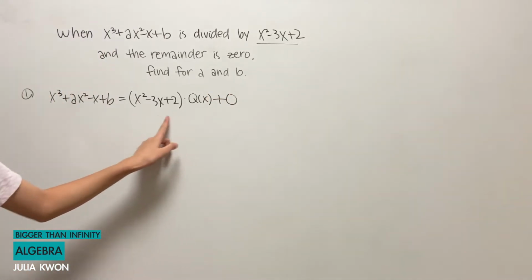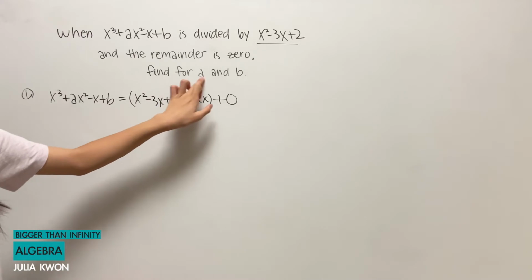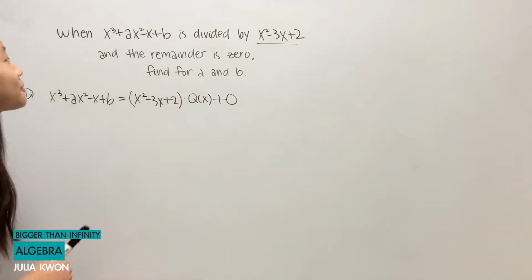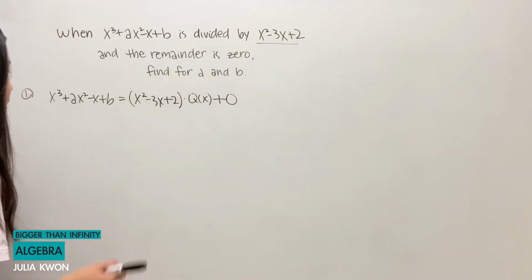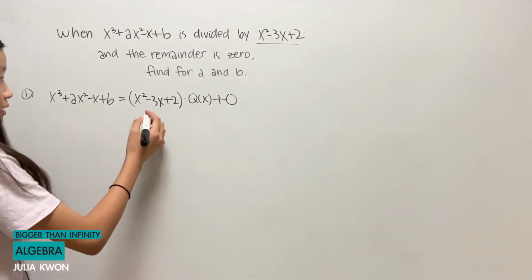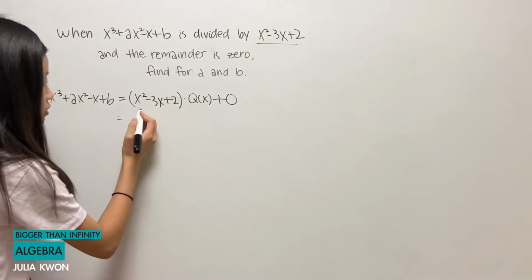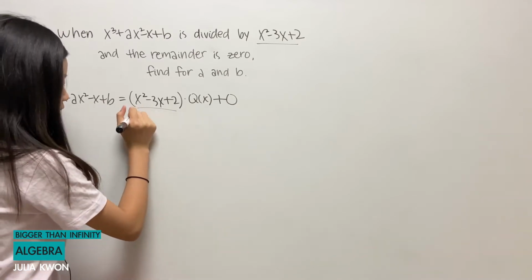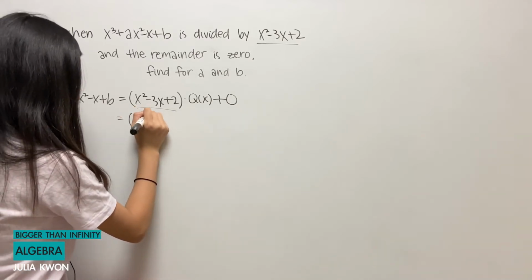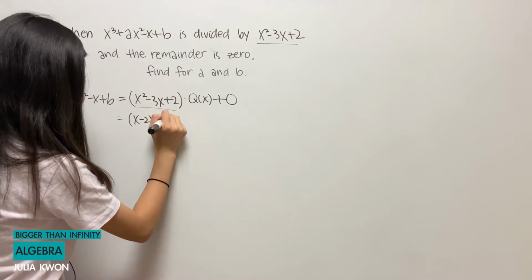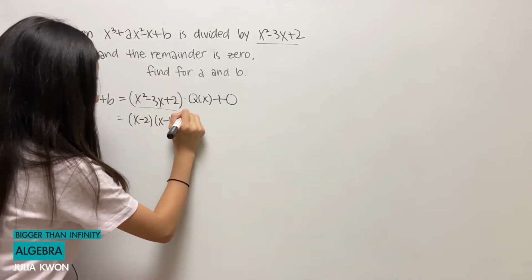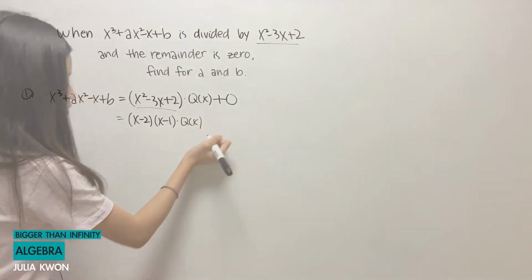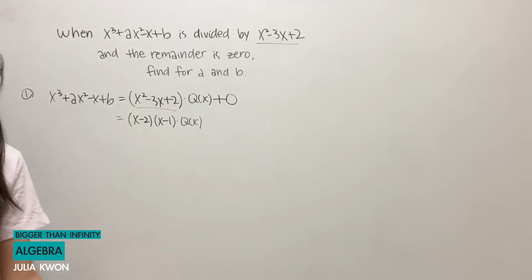Notice that we can factor this. We're going to solve for a and b. I forgot to mention that. We're going to first factor x squared minus 3x plus 2 into (x minus 2) times (x minus 1) multiplied by q(x).